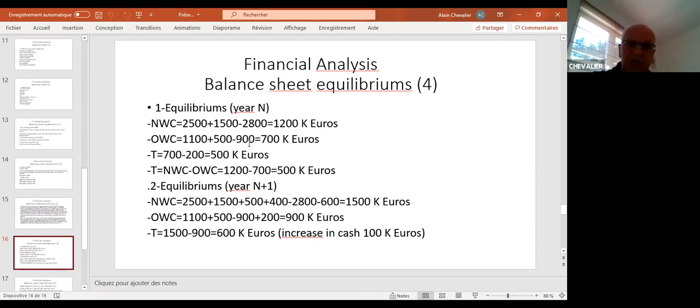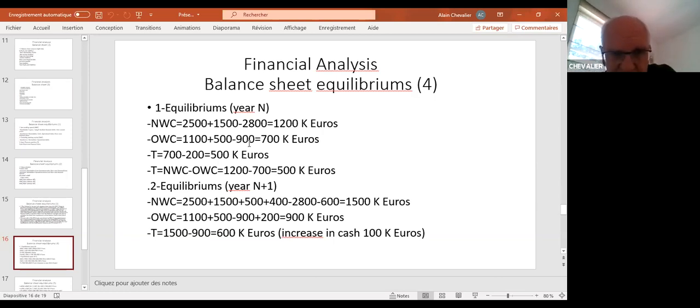So we have a company with a positive net working capital, positive operating working capital, a positive value for T, and the operating working capital, 700, is financed.